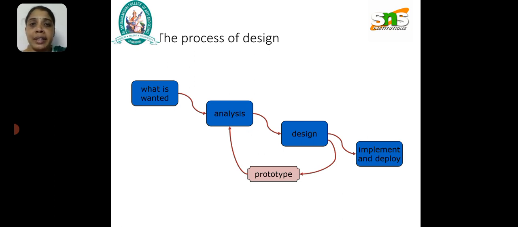If there is any error, or if they need to change any modification, they will move again to the first step, gathering the requirements. They will convey their feedback to the designers. The designer will collect the information and make a modification. After that, they will analyze this, design again, frame some prototype, and execute the results.